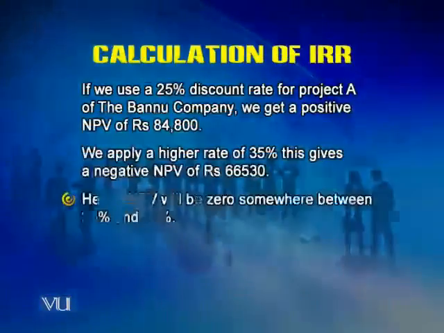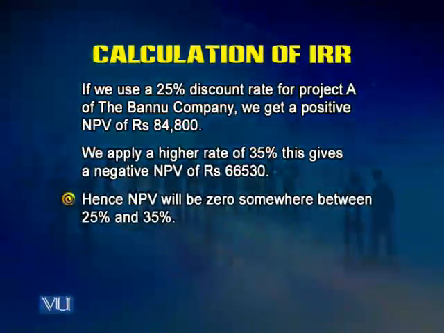Then you want to try 32%. So there is a bit of trial and error involved in estimating the IRR. In fact, in our example, we then use 30%, and let's see what happens. Hence, NPV will be 0 somewhere between 25% and 35%.